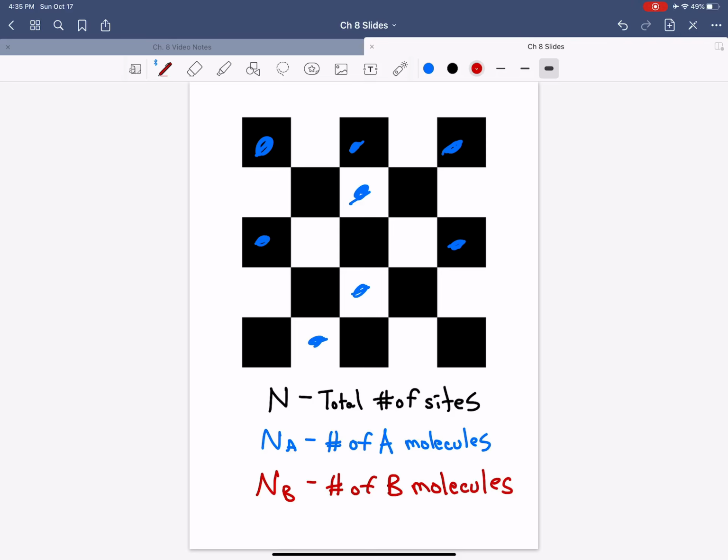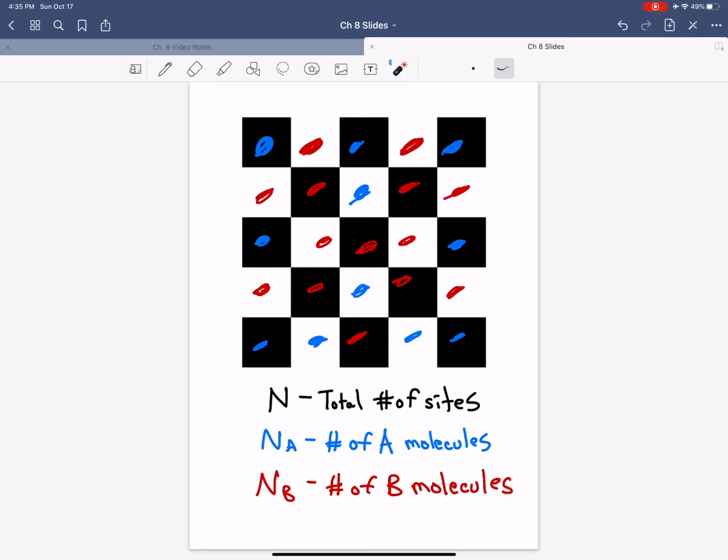And then the B molecules would be here, here, here, here, here, here. And let's add some more A molecules for good measure. So we have a total of 25 different molecules, and they fill up each of the different sites.